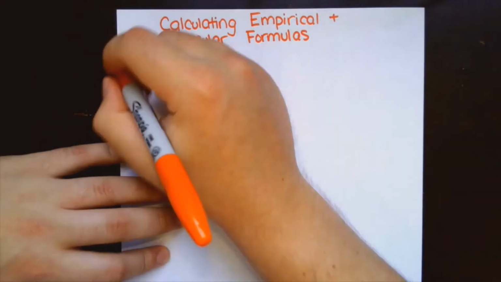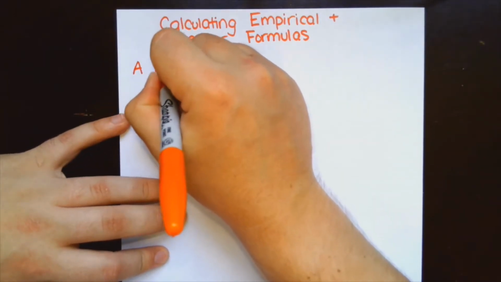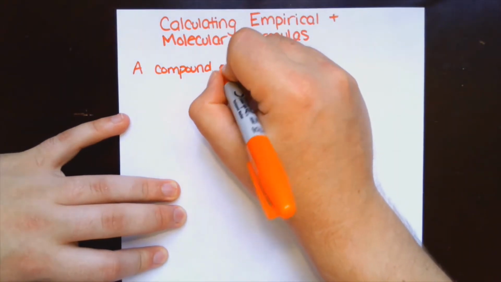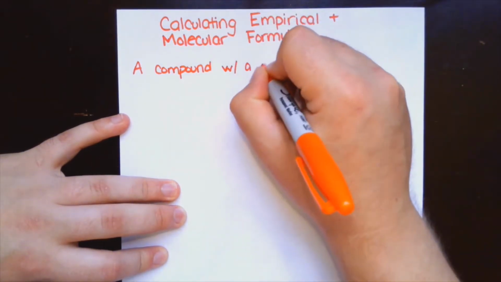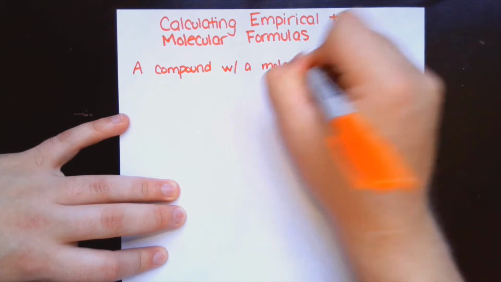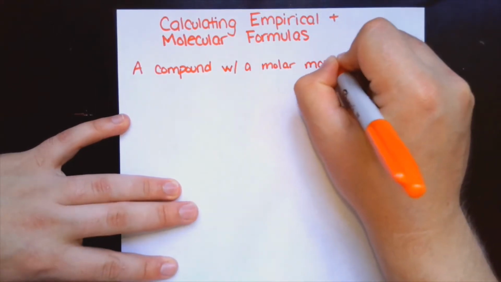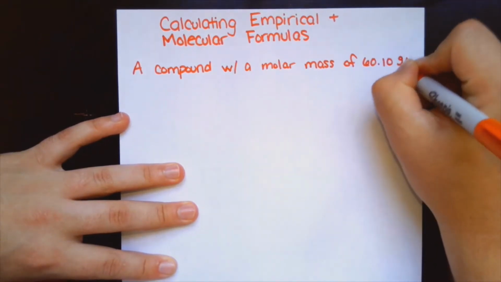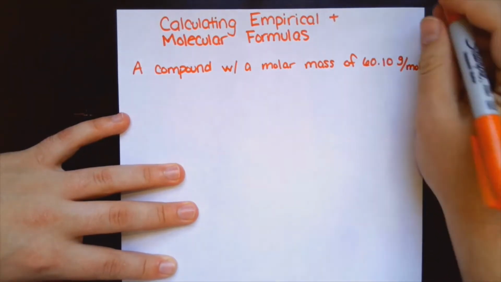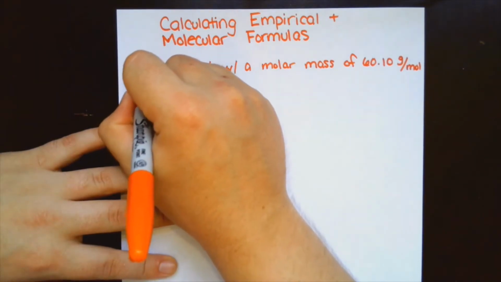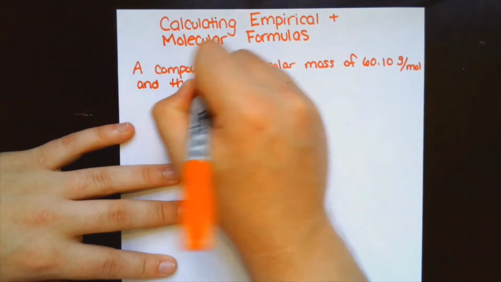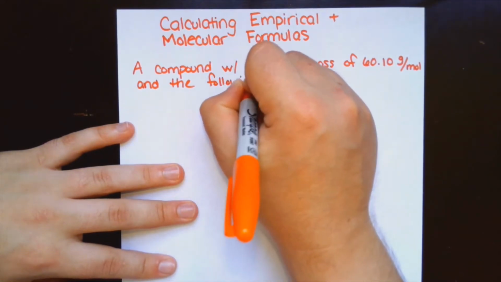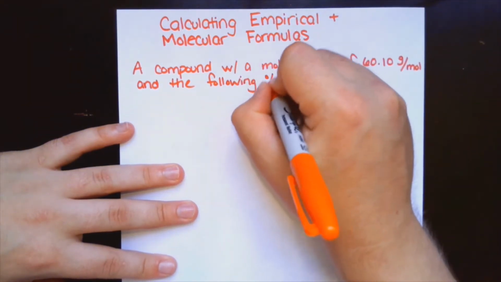So the problem is going to say a compound with a molar mass of 60.10 grams per mole and the following percent compositions.